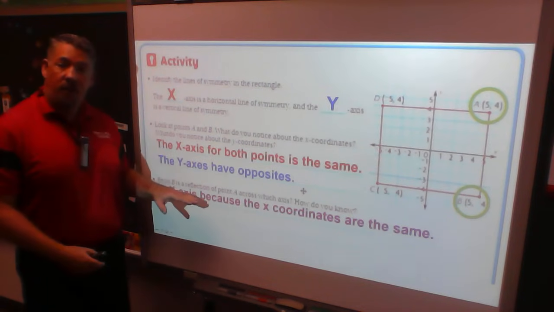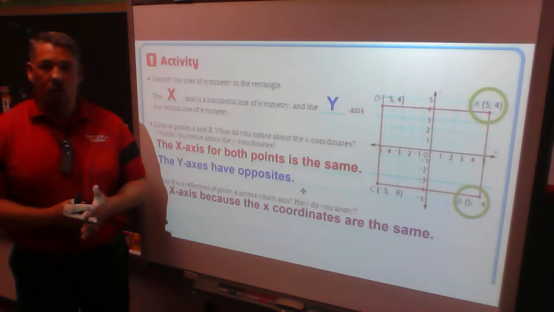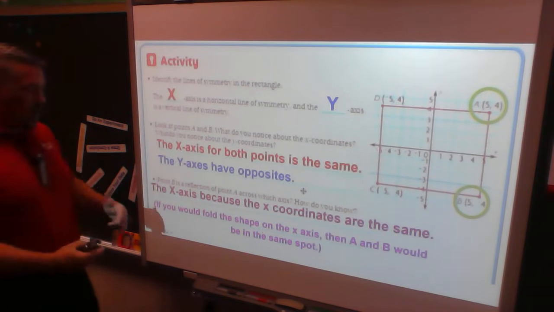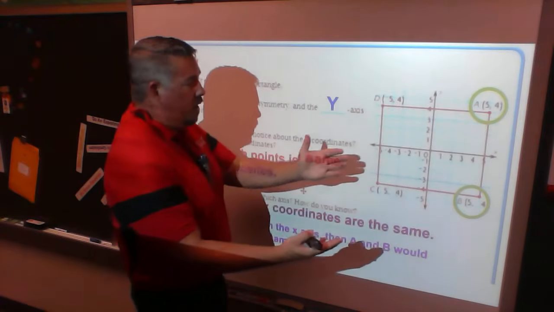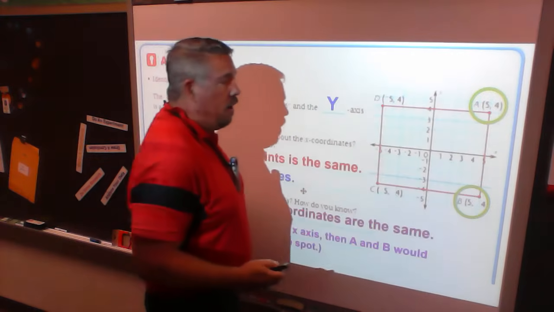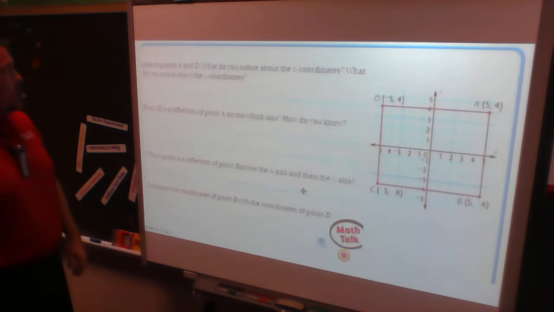So if I'm talking about reflections, the one that stays the same is the axis that it reflects upon. Oh, and then I just put down there, same thing we said before with the pictures. If I would then fold this in half, these would be in identical spots one to another. So I know it is indeed a reflection.